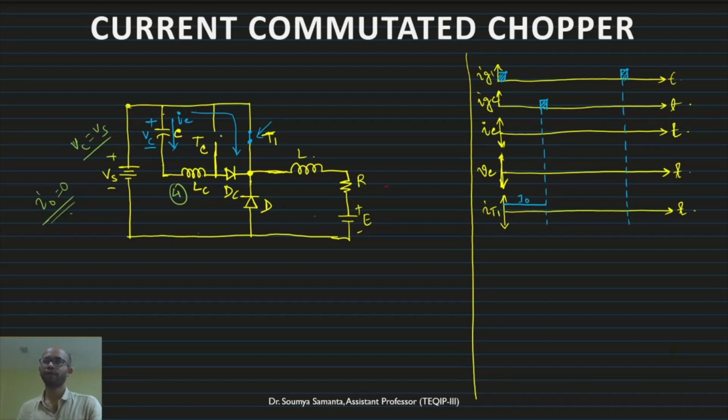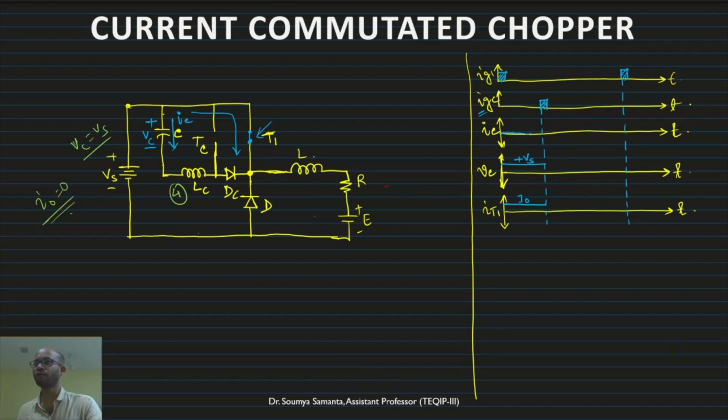Till we turn on the gate of TC, this will continue. What will be VC? VC will hold the positive voltage plus VS, the positive polarity, and the current through the capacitor will be 0.